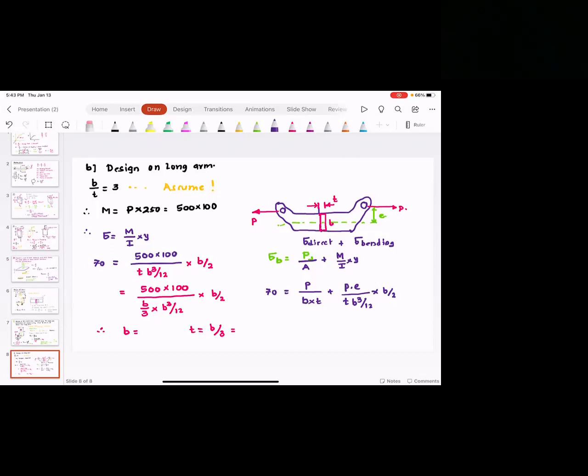So you have P divided by B multiplied by T plus P multiplied by E divided by T B cube by 12 multiplied by B by 2. When you assume a relationship between B and T, so B divided by T is equal to say 4, this entire equation will get converted into just one variable that you can solve.